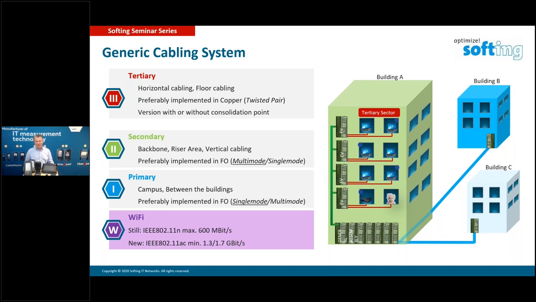Wi-Fi is part of the data transfer infrastructure of a building at the moment, but it's not written in the standard. In the standard we talk about primary, secondary, and tertiary sectors, and Wi-Fi is only an addition from my side that you should have in your mind. Wi-Fi is also an important thing you have to think about.